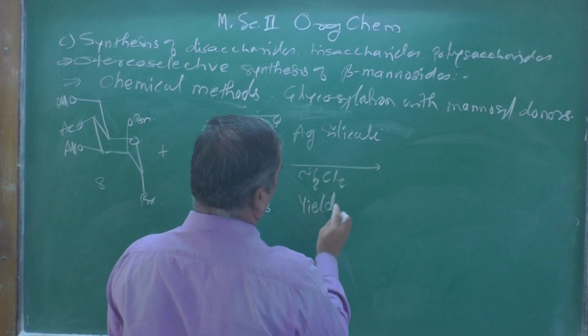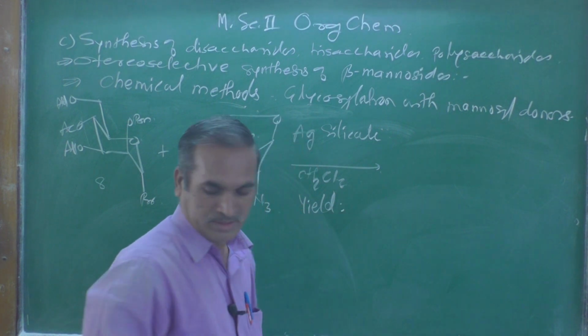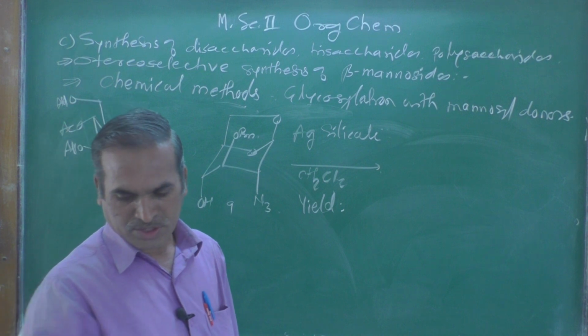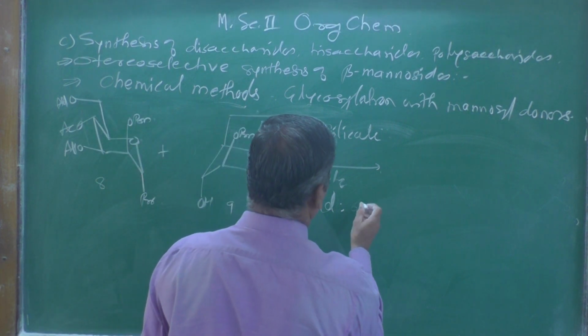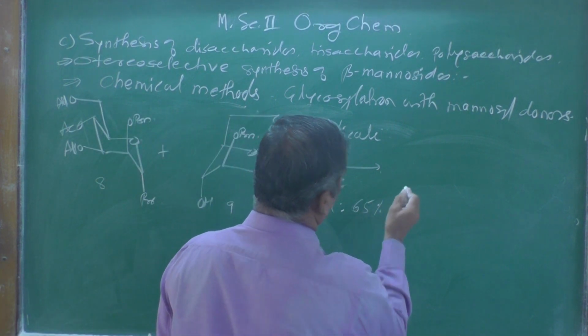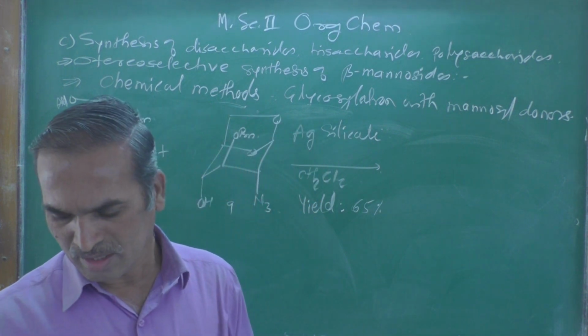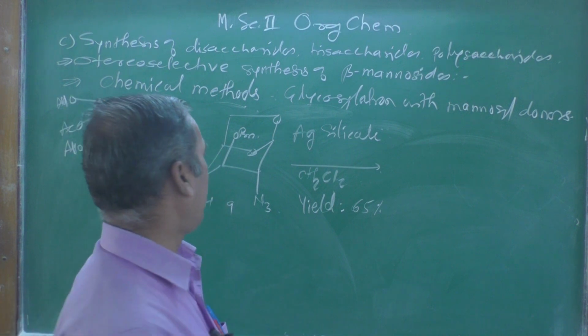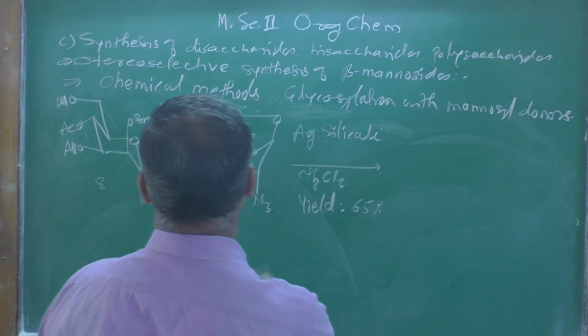The yield obtained is near about 65%, and the product, again, is from an SN2 type of reaction.